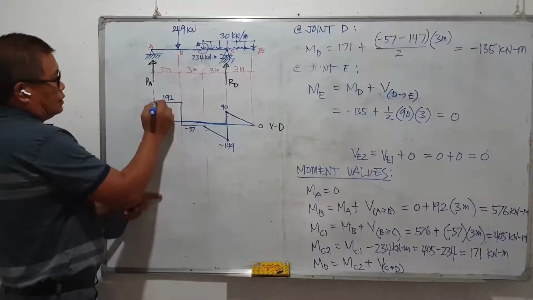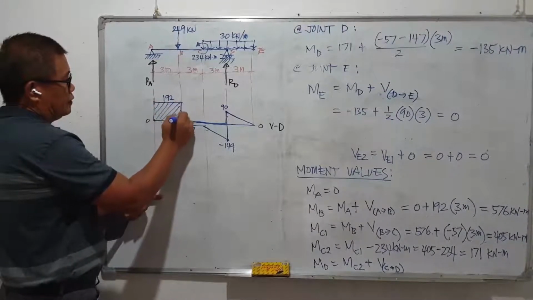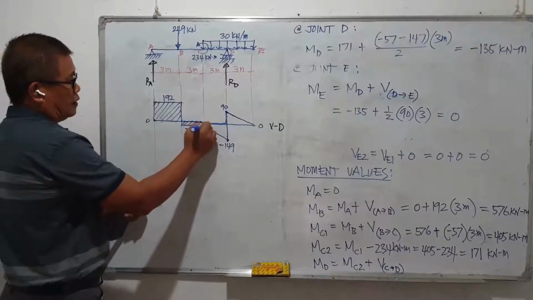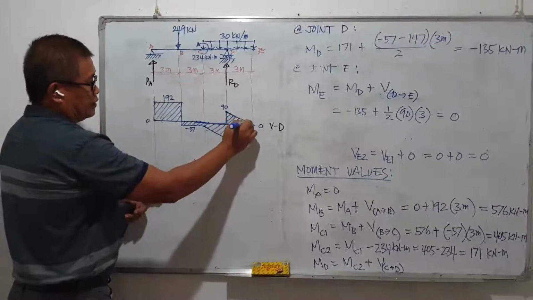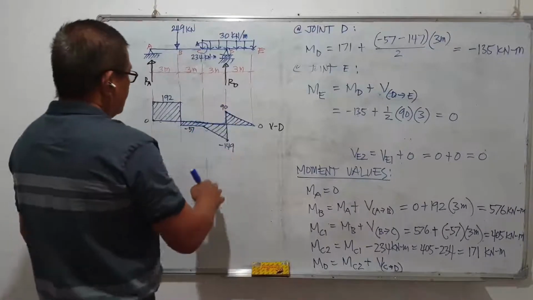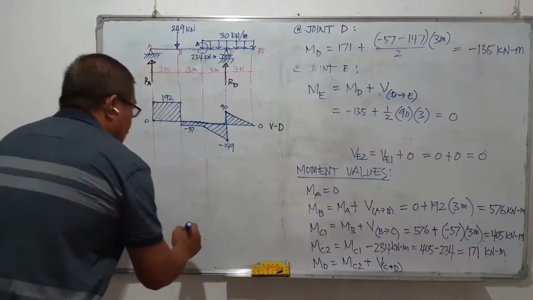We will place diagonal lines, and we will fill up the different shear values with diagonal lines, while the moment diagram will have vertical lines. Okay, so these values are the ones that we have already computed for shear.